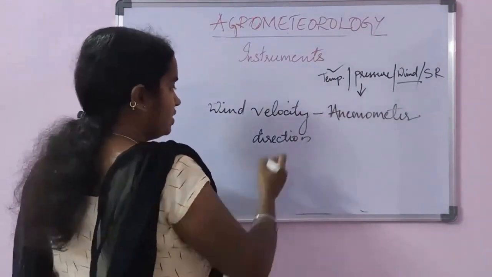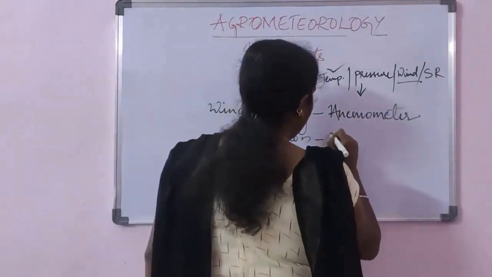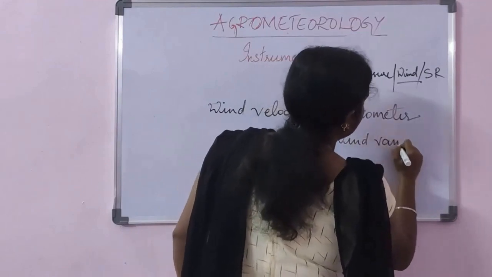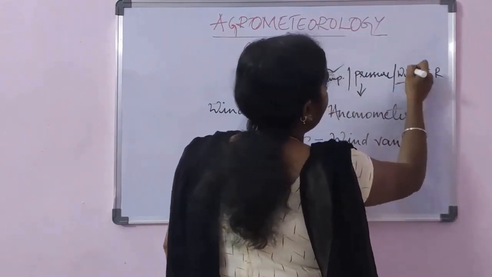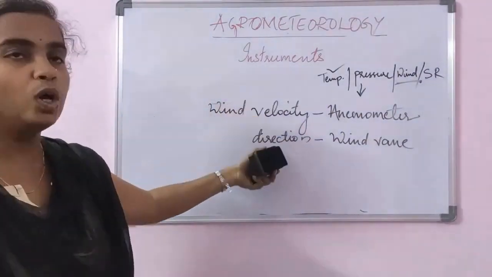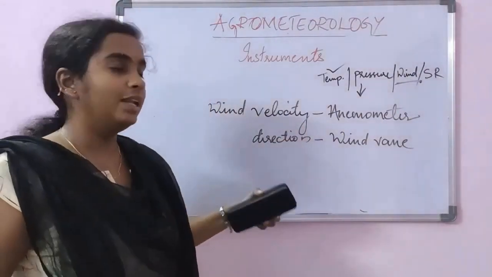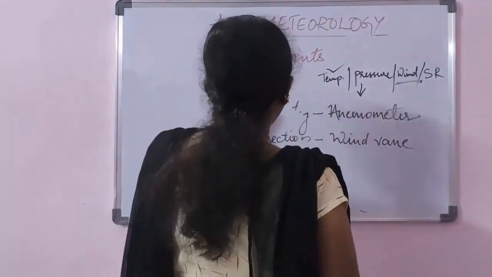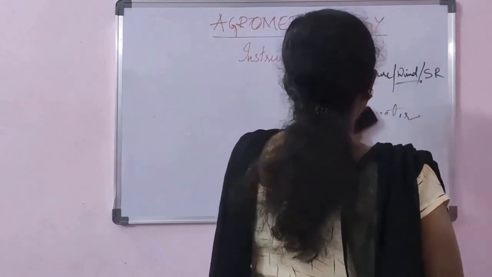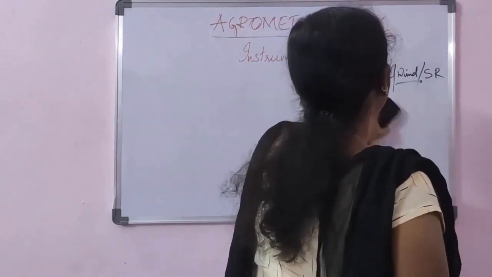It measures the velocity, and for wind direction, we have the wind vane. So, in accordance with the wind, we have these 2 instruments. One is for velocity and one is for direction. Now, let me tell about the different instruments which are used for measuring relative humidity.